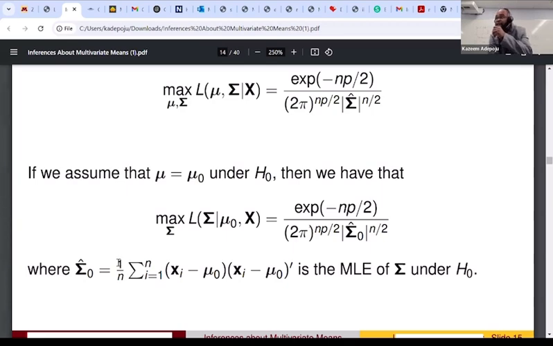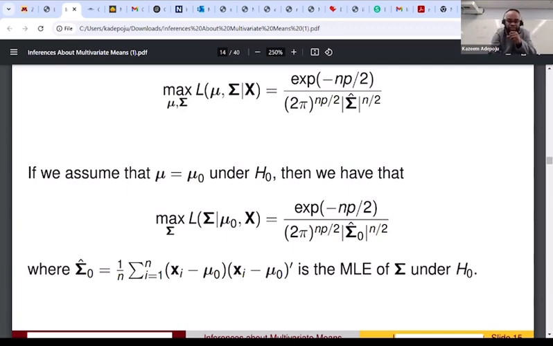You can see divide by N, right? And where you see mu, what do you see? Mu naught. Because this is the covariance assuming the null hypothesis is true, that is why it has a subscript 0. Then the mu is also going to have a subscript 0. Any question on that?